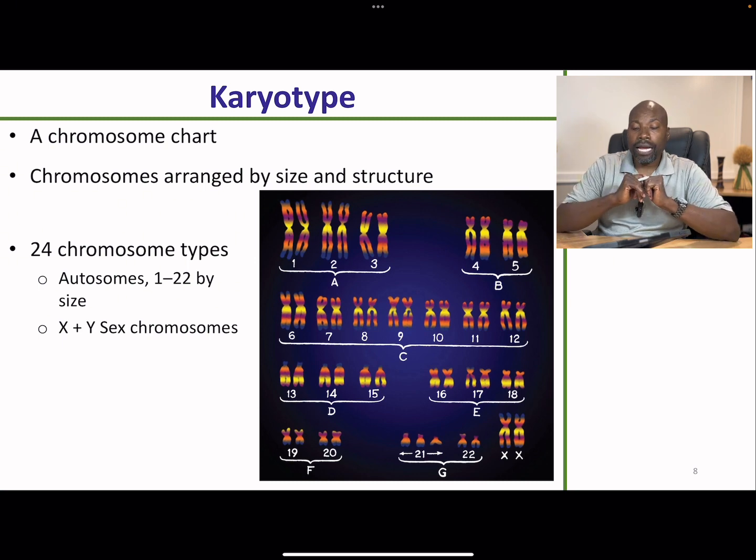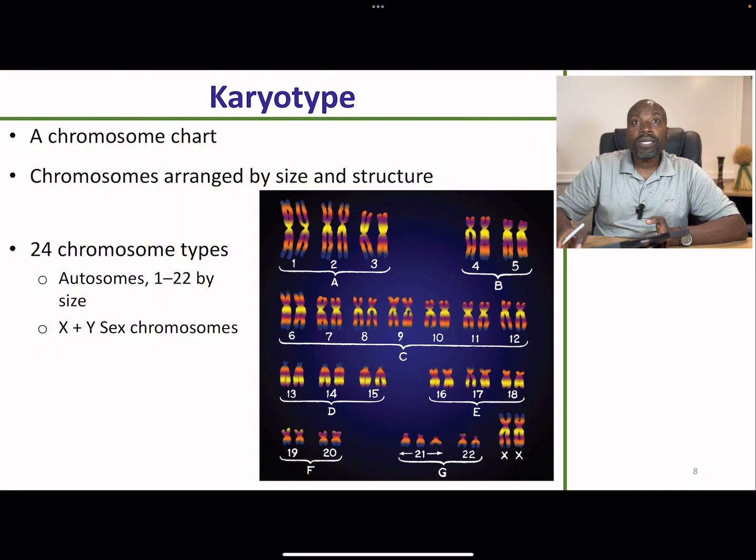But with a karyotype, you can tell if an individual has an extra chromosome, right? Or that individual is missing chromosomes, or that individual has a major deletion, or a major duplication of the genetic information. So anyway, all right. So when we look at the chromosomes on a karyotype, we have 22 pairs of autosomes, right? The pairs of autosomes are these chromosomes that are not involved in the determination of sex characteristics, right?